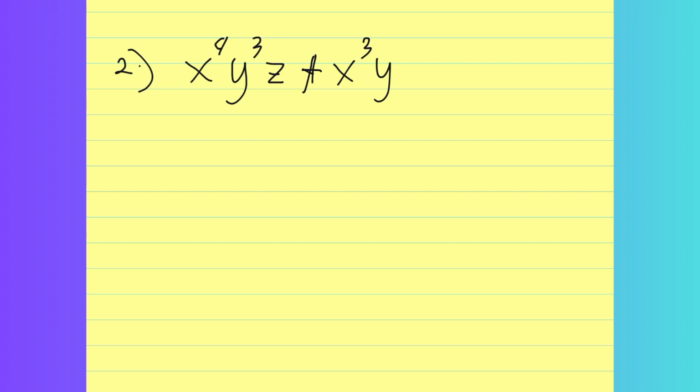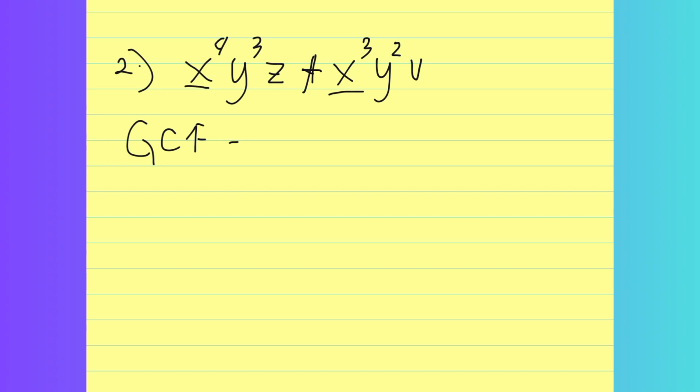Another example. If we have x raised to 4, y cubed z plus x cubed y squared v, what is the greatest common factor? Try to look at each exponent. So we have x raised to 4 and x cubed.